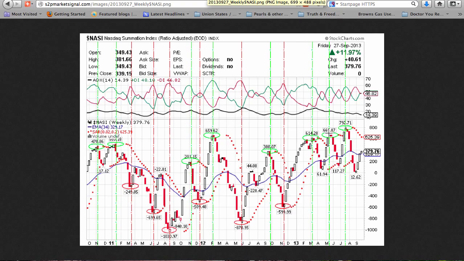At a positive 379.76 points, it continues above the November 2011 top, but below the November 2010 top, the January 2011 top, the February 2012 top, the September 2012 top, the March 2013 top, the May 2013 top, the July 2013 top, and above the March 2011 bottom, the June 2011 bottom, the August 2011 bottom, the December 2011 bottom, the May 2012 bottom, and the November 2012 bottom.